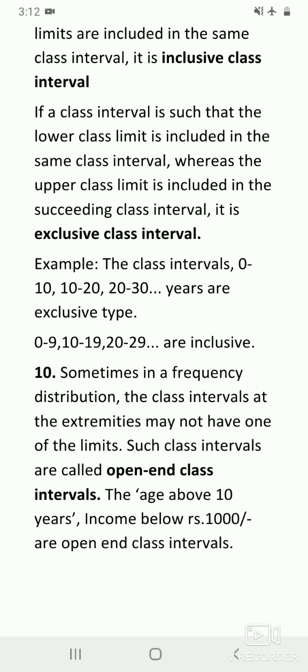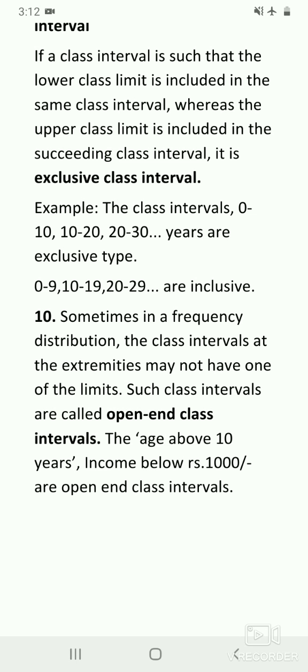So this means 9 is included in the first interval itself, that is in 0 to 9. The upper limit of the first class and the lower limit of the succeeding class are not the same. In such cases, such class intervals are known as inclusive type.